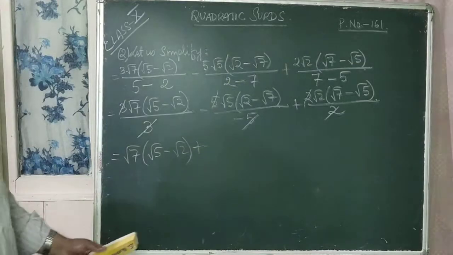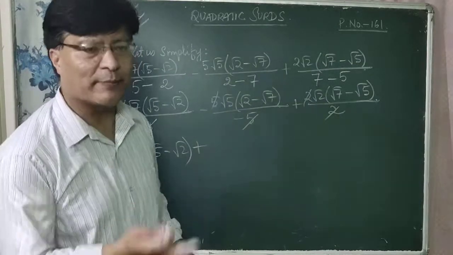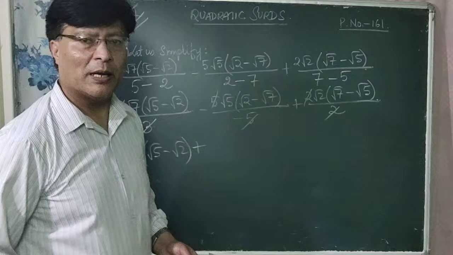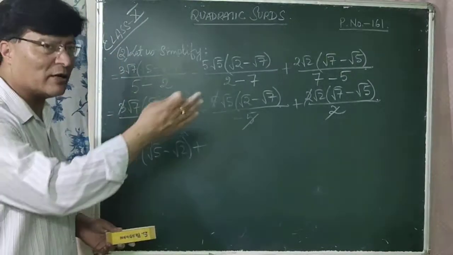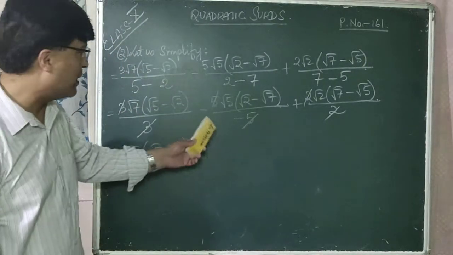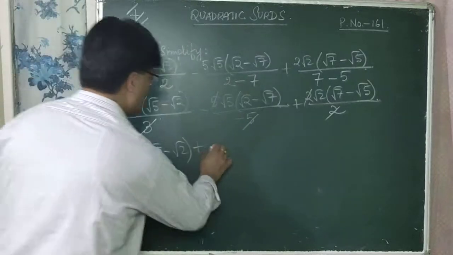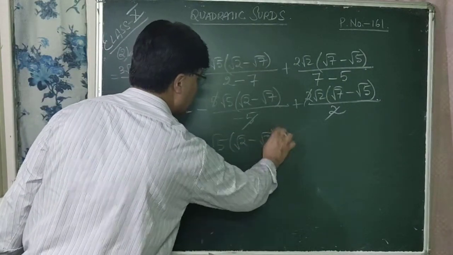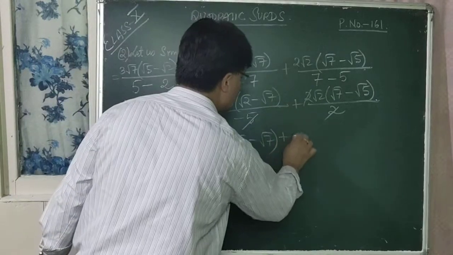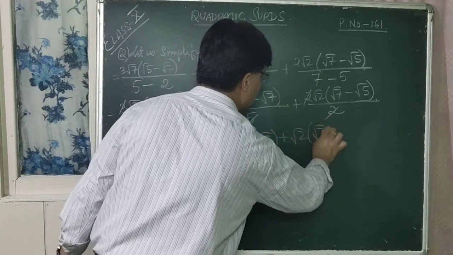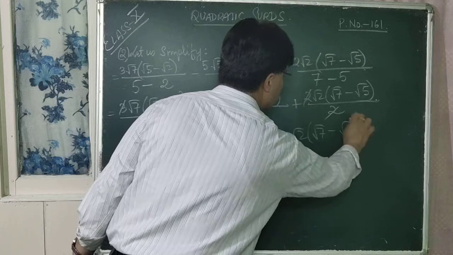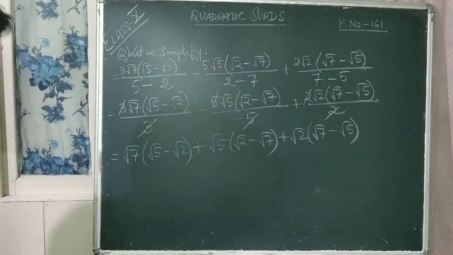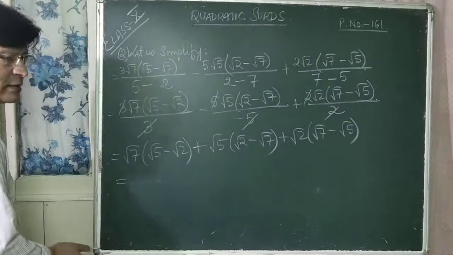You can multiply them, okay? The minus sign, you can write it in the numerator or in the denominator. So minus into minus is plus. So root 5 within bracket root 2 minus root 7 plus root 2 within bracket root 7 minus root 5. Okay, so let us multiply it.